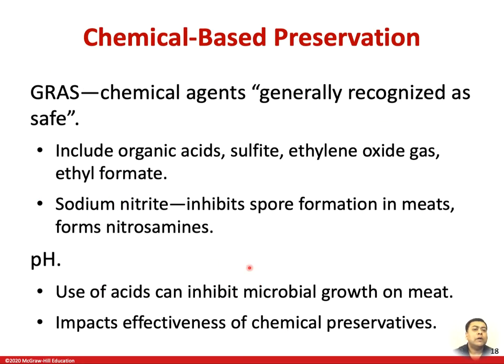So next, we are looking at the chemicals that are used for preservation, and the chemical agents are known as GRAS by the FDA, generally recognized as safe. These can include many of the organic acids, sulfite, ethylene oxide gas, which is a sterilant as well, and ethyl formate.